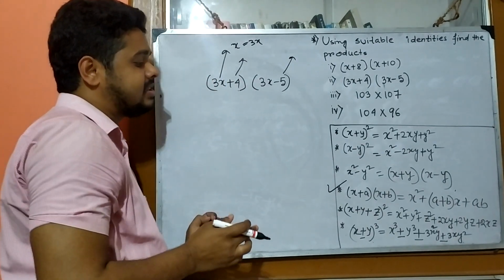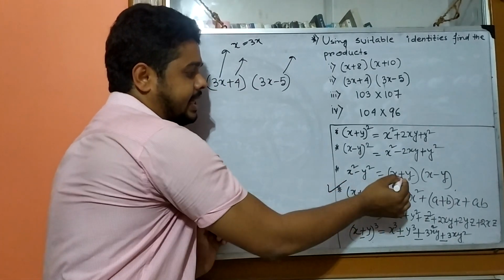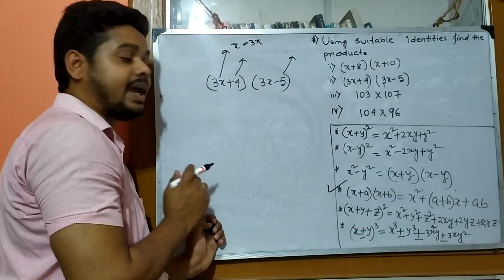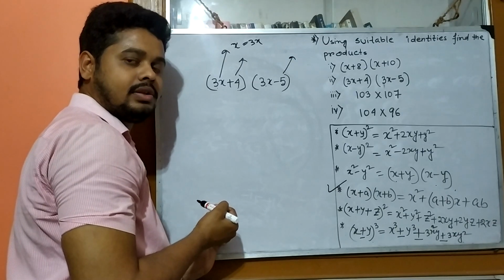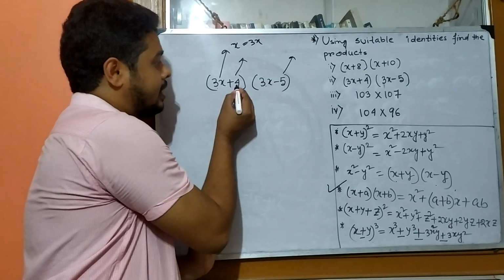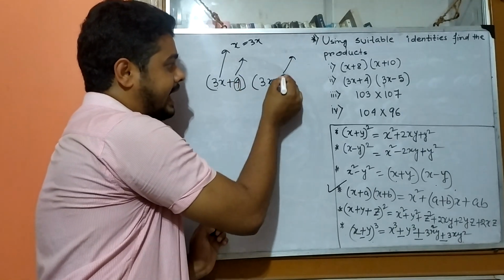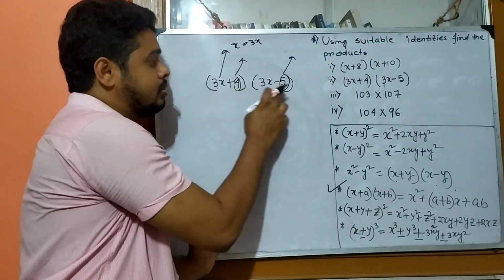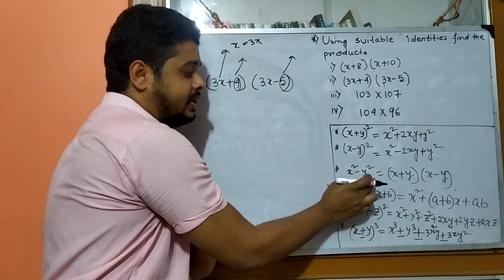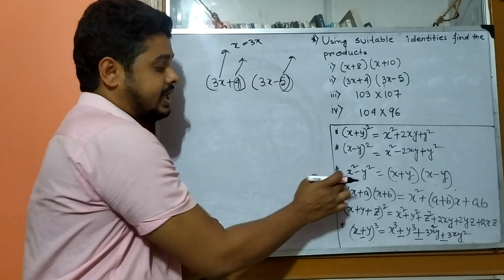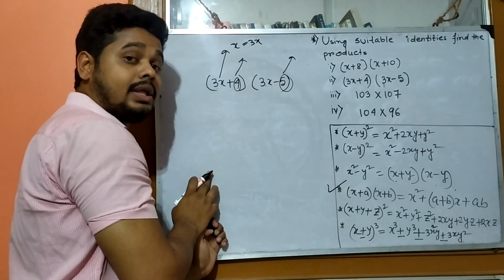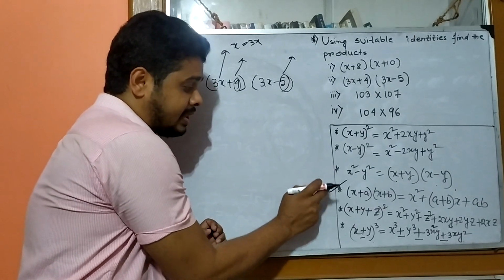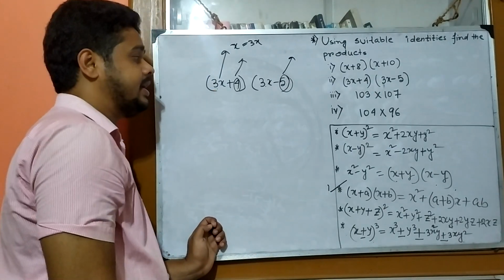Or someone can say we can use the identity from the right hand side, x plus y, x minus y. No, that is not correct, because this one is a and this one is b. If these two are the same, then we can use that identity. As they are different, that's why we have to use particularly that identity.